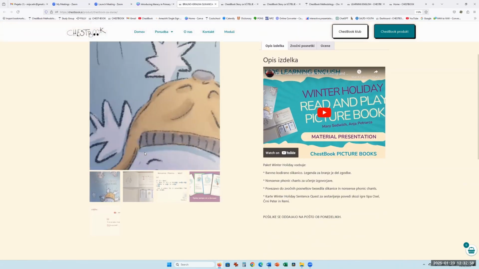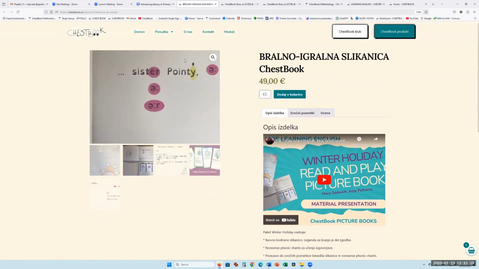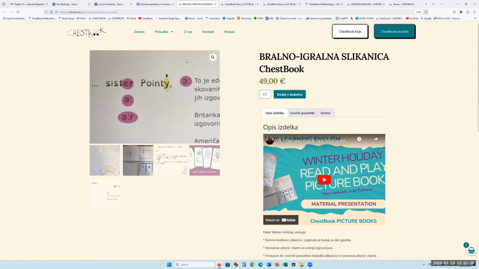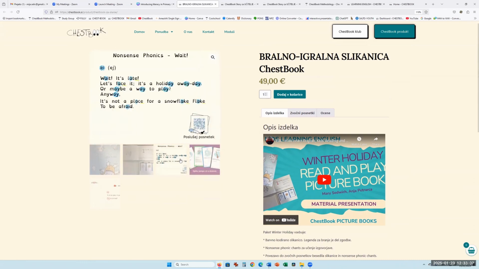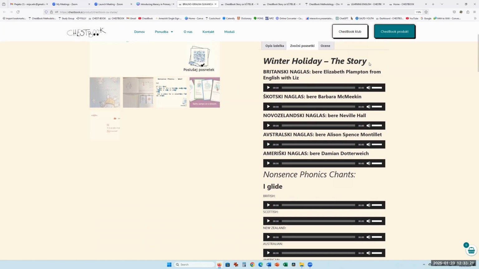This is the picture book where you have the color-coded text inside, and phonics chants where children can practice certain phonics. You also have the access to the voice recordings where you can listen to the native speakers read the entire book or the nonsense phonics chants in different accents.